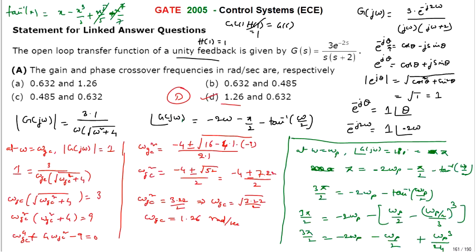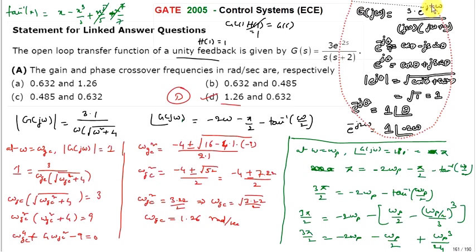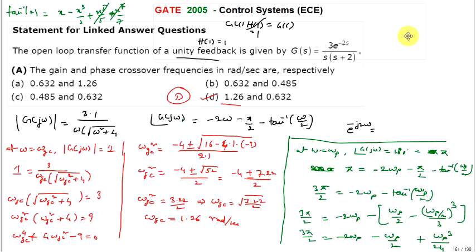After simplification, 3 pi by 2 is equal to minus 2 omega p minus omega p by 2, that will become minus 5 omega p by 2 plus omega p cube by 24.